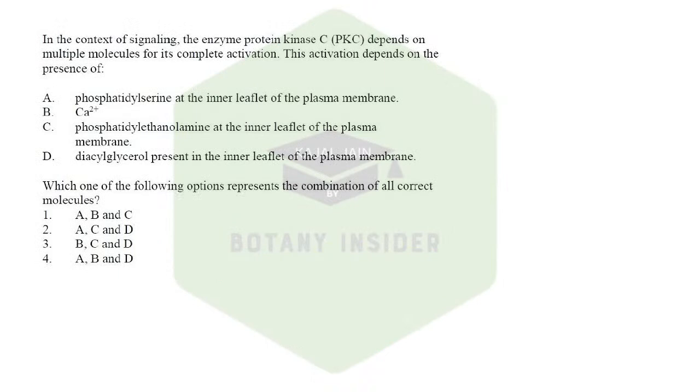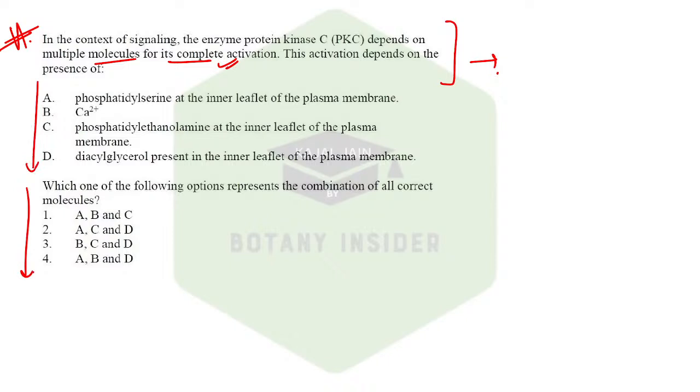One more question for you all. Give it a try, everyone. Very easy. In the context of signaling, protein kinase C depends upon multiple protein molecules for its complete activation. The question is, this activation depends upon the presence of which of the following. Now over here, you'll have to apply your basic knowledge as well.